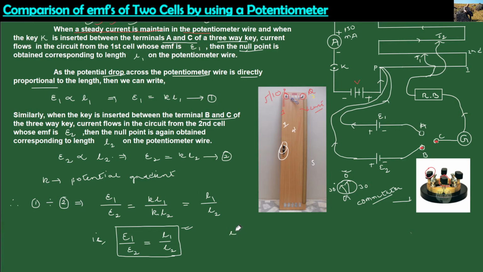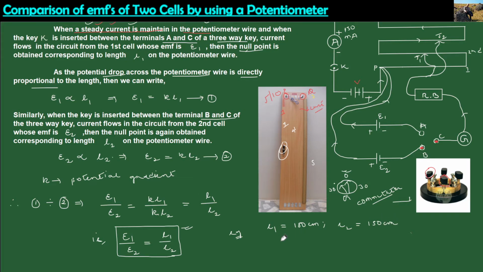Let us solve an example. If you want to compare the EMF of these two cells, say we get L1 equal to 100 centimeters and the balance length corresponding to the second cell is 150 centimeters.